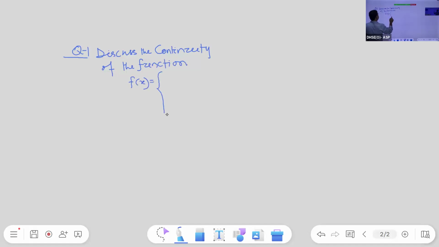Question number 1. Discuss the continuity of the function f of x equals mod x upon x if x not equal to 0, 0 if x is equal to 0, at x is equal to 0.